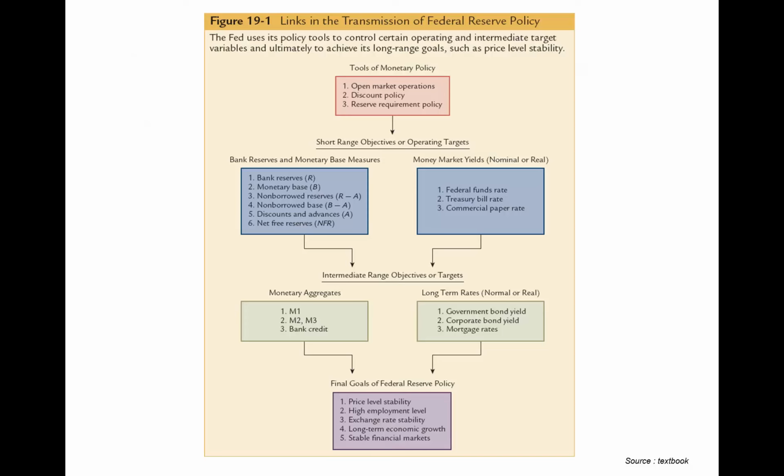And then on the right, the Fed funds rate, the treasury bill rate, and the commercial paper rate are some money market yields, short-term in nature, directly controlled by the Federal Reserve. So the tools of monetary policy of the Fed are open market operations, the discount window, and how much reserves banks must maintain. So we've seen the short-term measures.